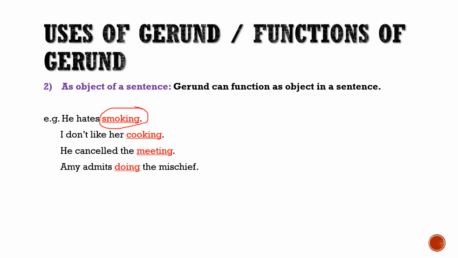We have added ing with the verb smoke, and thus it has become a gerund and it has taken the place of object in this sentence. এখানে দেখো hates ভার্বটির অ্যাকশনকে রিসিভ করছে এই স্মোকিং নাউনটি। So in this sentence, smoking is a gerund and it has taken the place of an object.